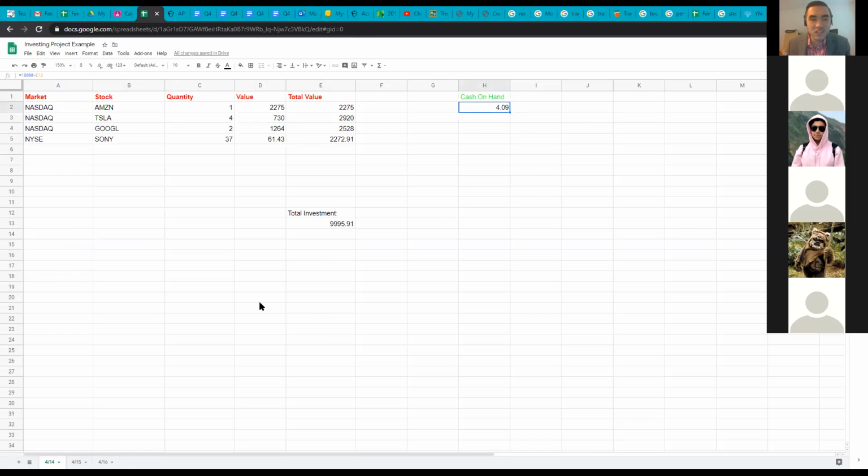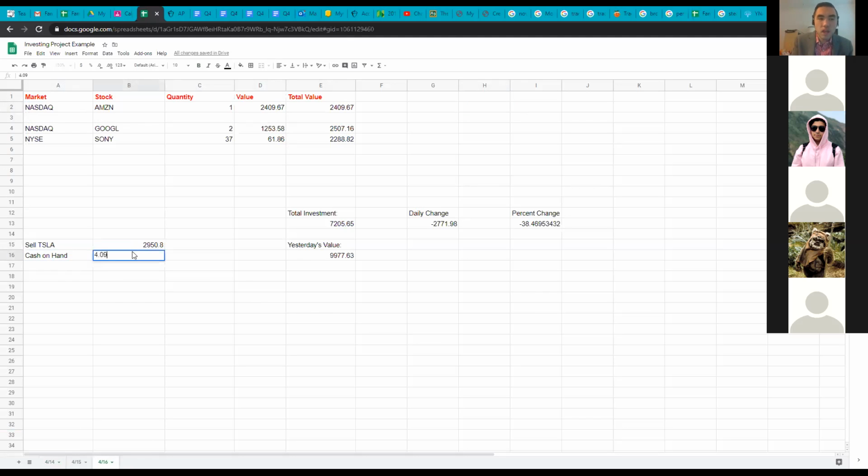I had $4.09 saved from that first day. So I'm going to type in $4.09, and I'm going to add that up with a sum function to say that the amount of cash that I have to spend is actually $2,954.89.